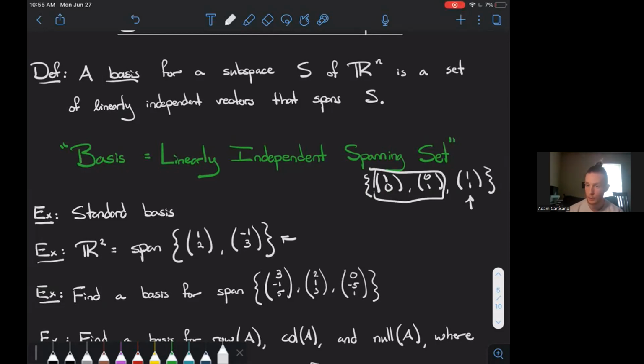But also notice that this is a linearly independent set. Obviously, one vector is not a multiple of the other, so they're linearly independent. They also span the space R2, which means that they form a basis for R2.